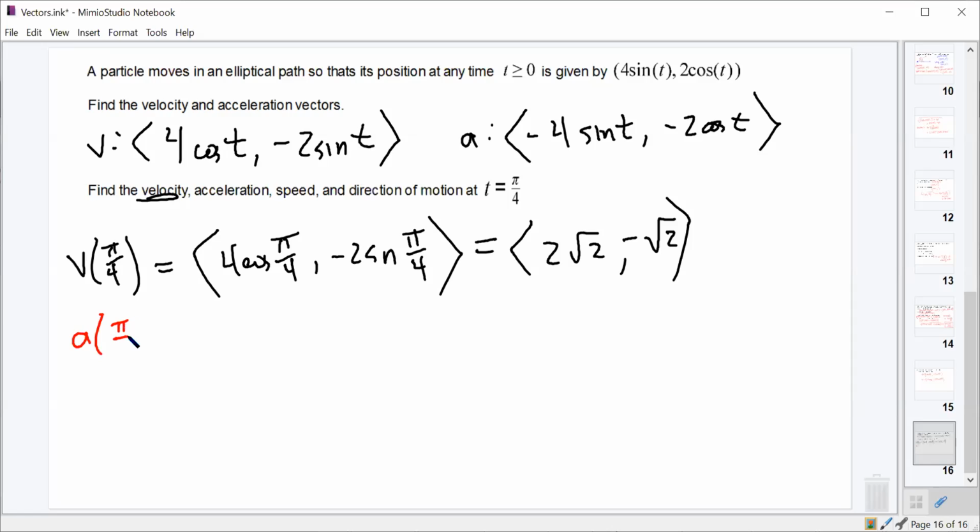And then our acceleration at pi over 4 should be negative 4 times the sine of pi over 4, which should be negative 2 root 2 and negative 2 cosine, which would just give us negative root 2. Everybody good with the velocity and acceleration at pi over 4?